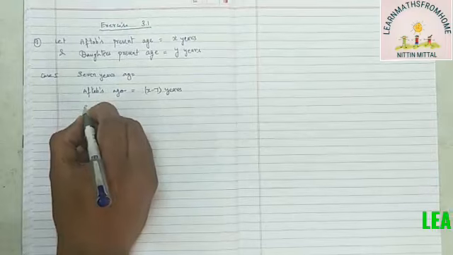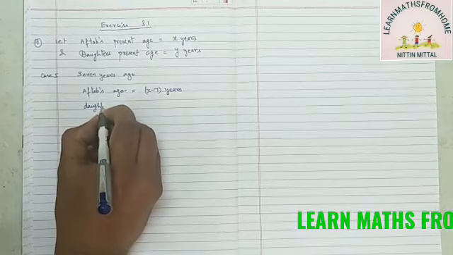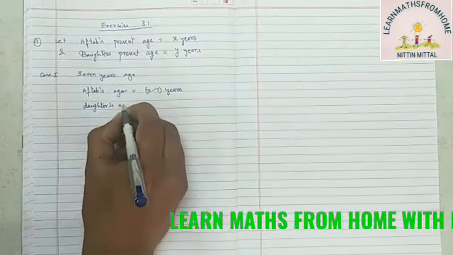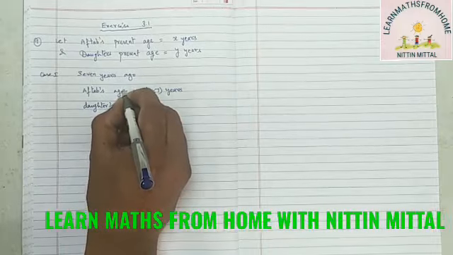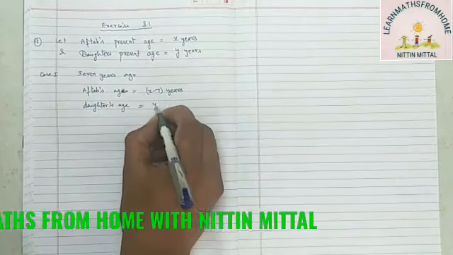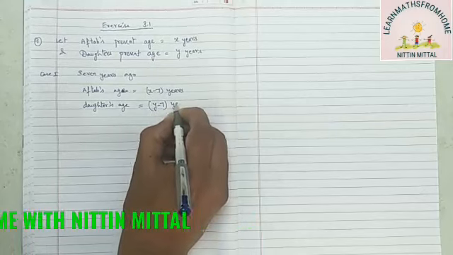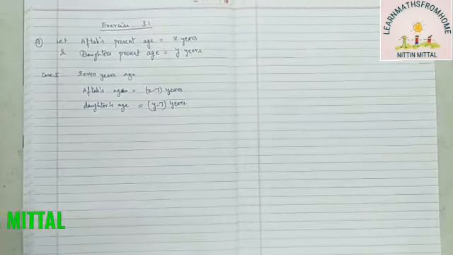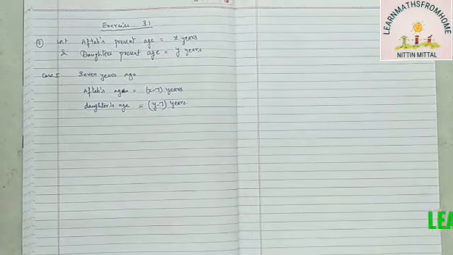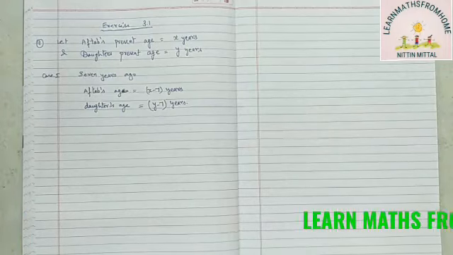And similarly, daughter's age will be y minus 7 years. Right? Now we have to make an equation.